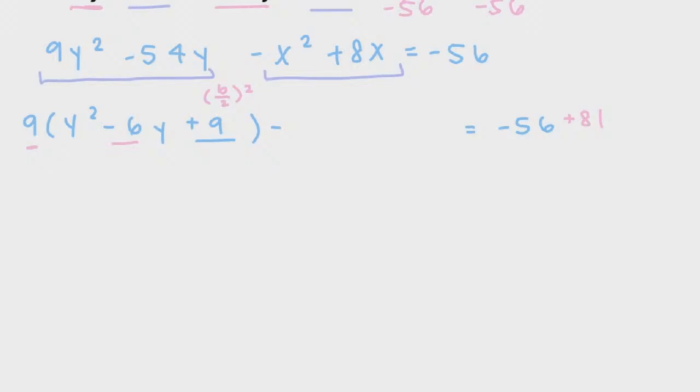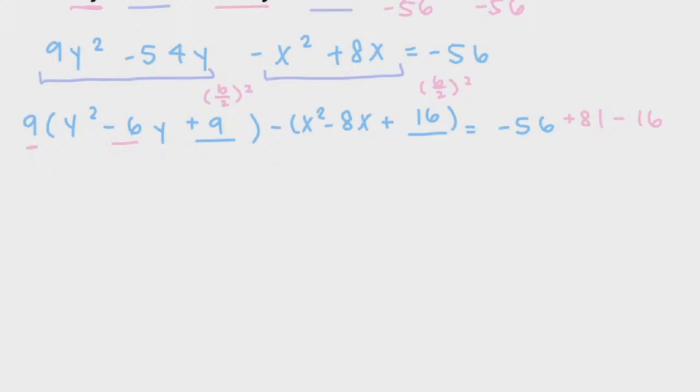Then for the x's, we can factor out the negative and complete the square again. So again, it's going to be b over 2 squared. B is negative 8, and negative 8 divided by 2 is negative 4, and negative 4 squared is 16. And since we factored out that negative, we're subtracting 16.